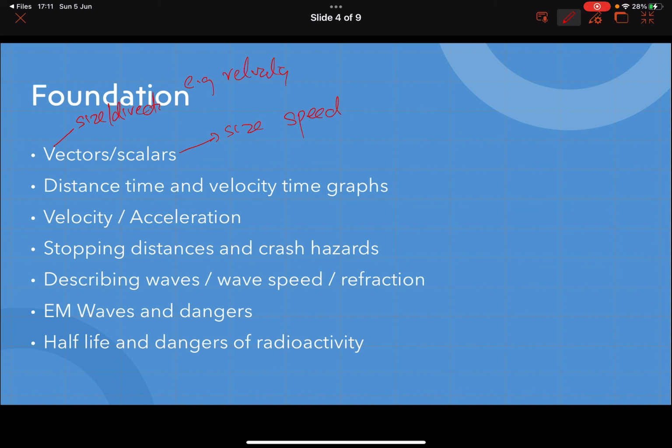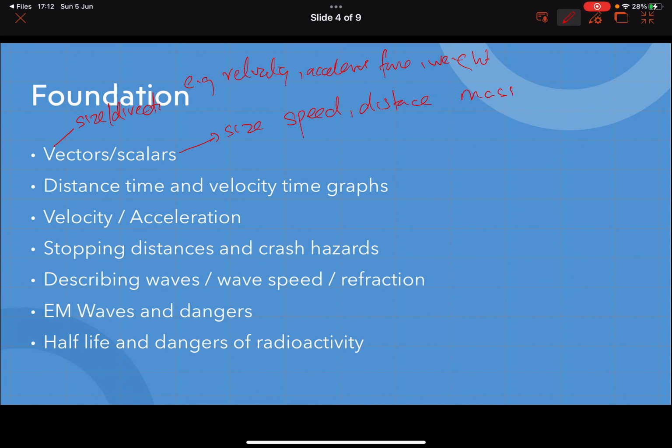If I'm driving 20 miles per hour towards a school, that's velocity, because I know the speed, the size, and the direction where I am going. Vectors are velocity, acceleration, force, weight. Scalars are speed, distance, mass.